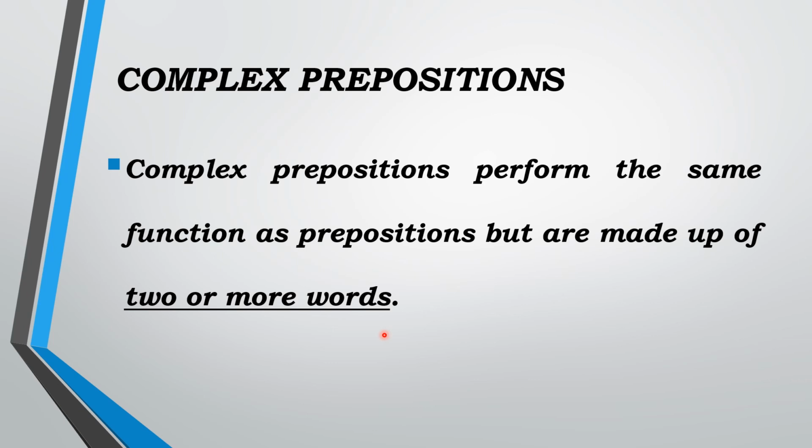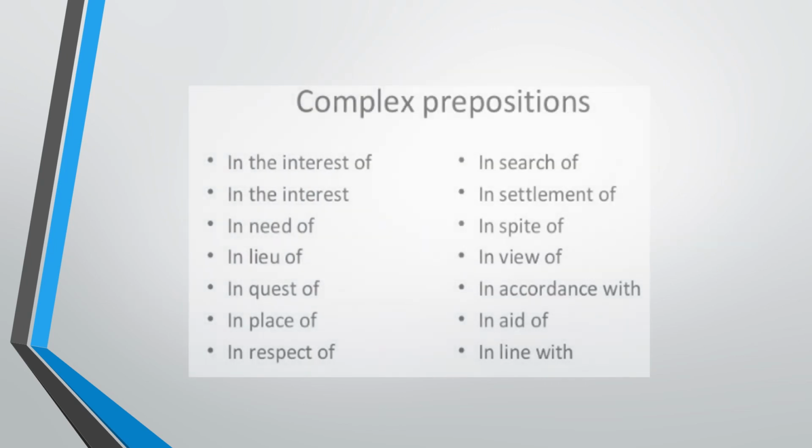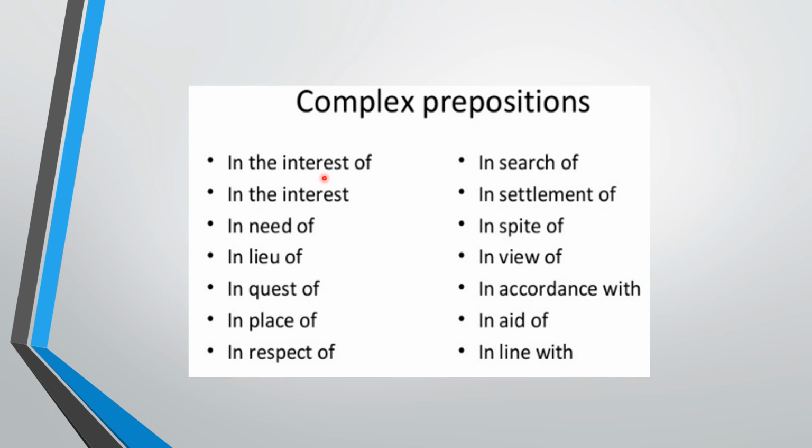Now we are going to learn about complex prepositions, which is made up of two or more words. Let's see few examples for complex prepositions. In the interest of, in search of, in need of, in quest of, in view of.